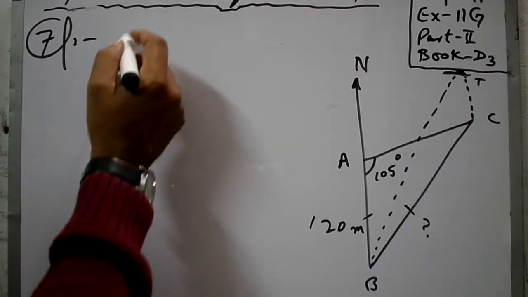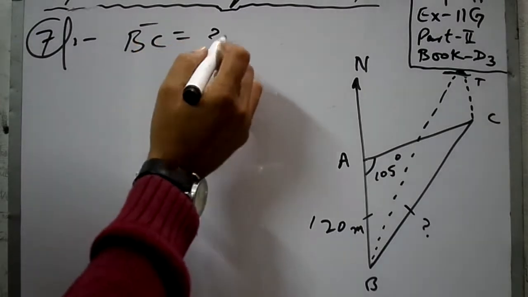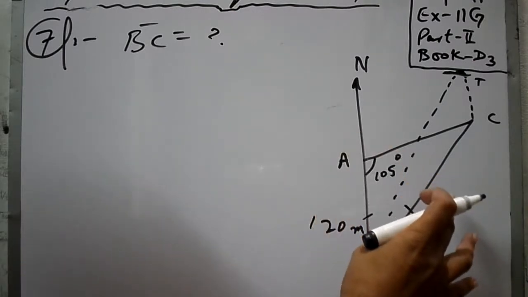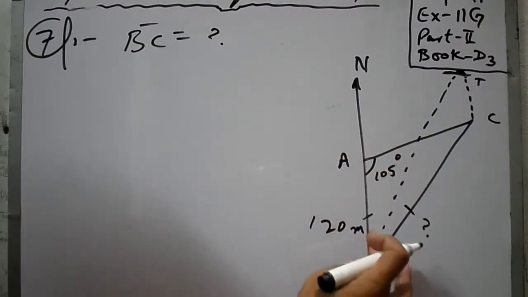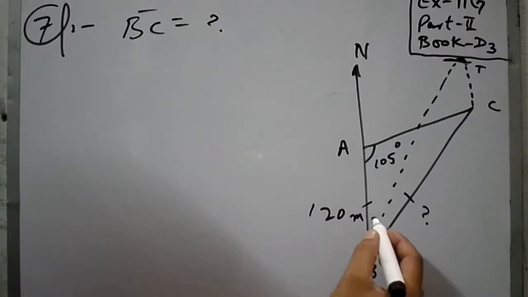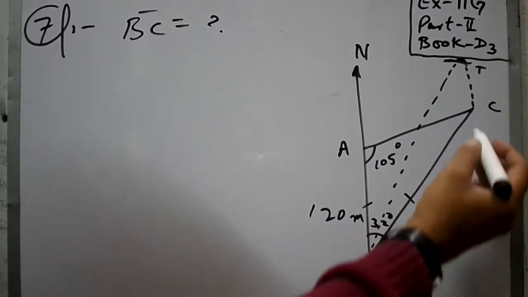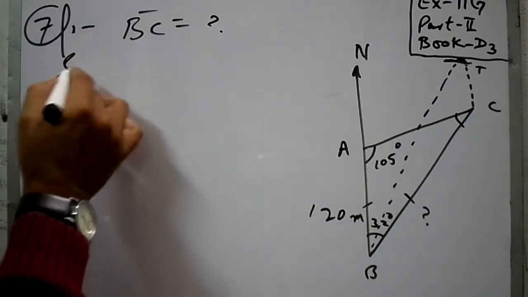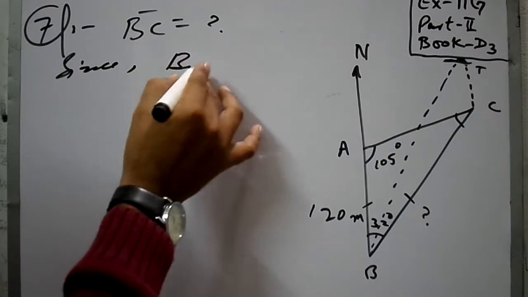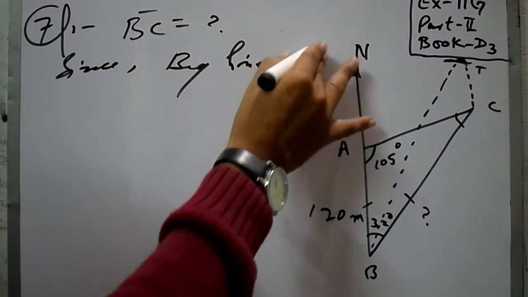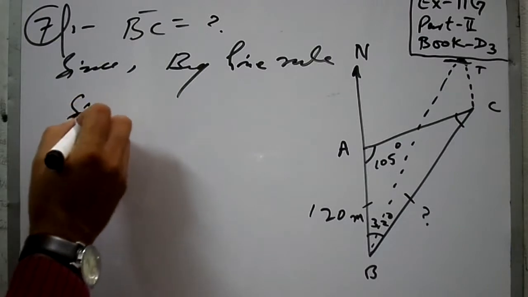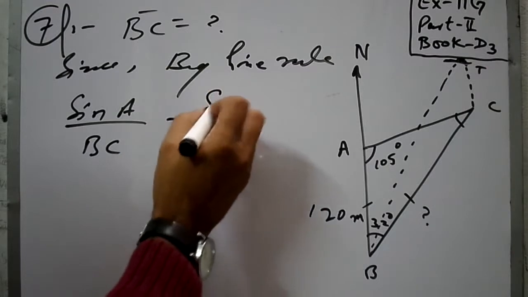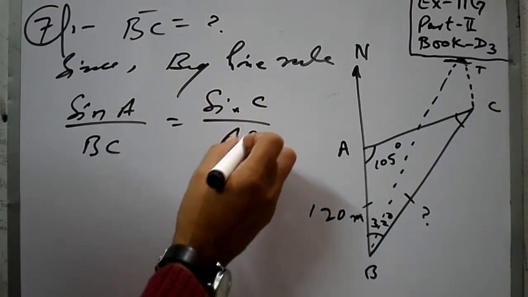So it means we have to find the distance BC. In this situation we have a given diagram with 105 degrees, 120 meters and the angle 32 degrees, and it means that we can use the sine rule. Since by sine rule, sine A divided by BC is equal to sine C by AB.